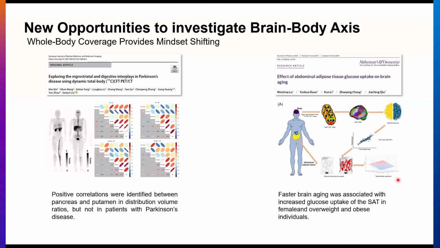But also on the right, another example of the correlation between adipose tissue uptake and brain aging. So really, again, there is so much space to explore and discover things about the body that we have not been able to investigate, or only under very difficult conditions, in the past.